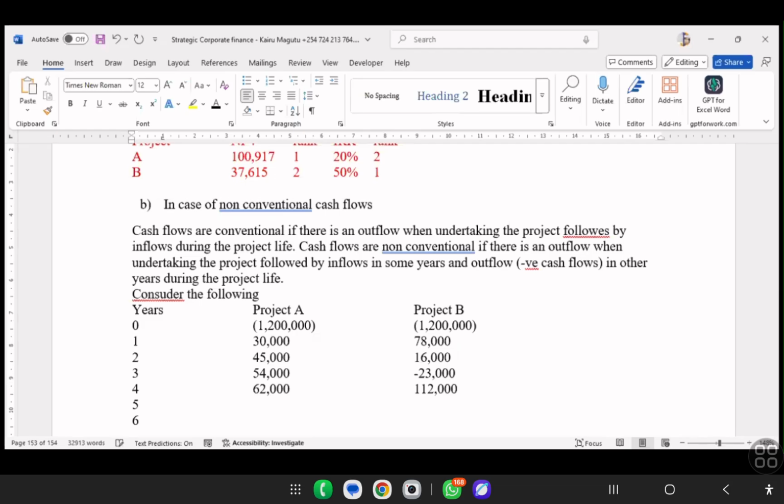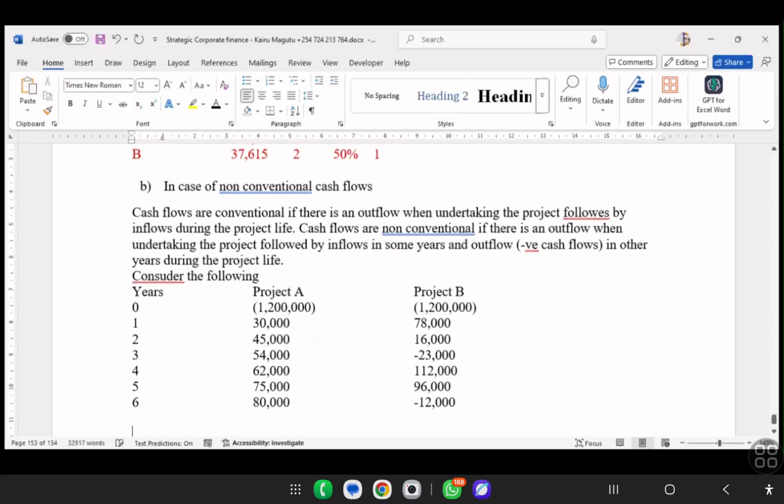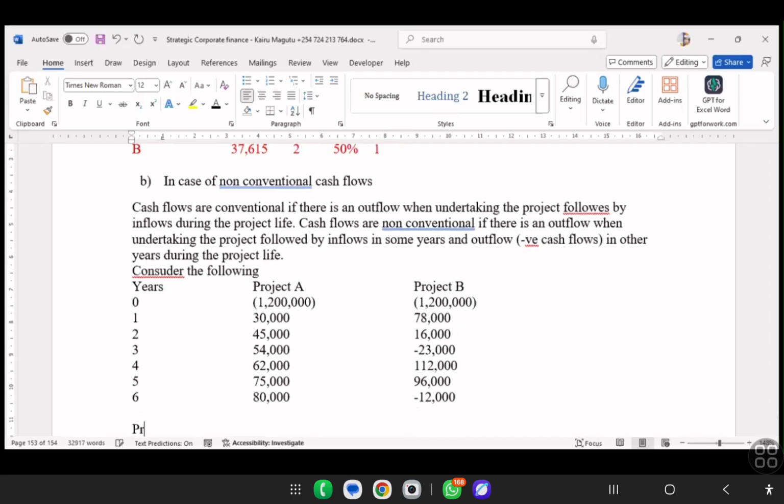This one generate 75. This one generate 96. Then in the last year, this one generate 80, maybe 80. This one generate negative 12.